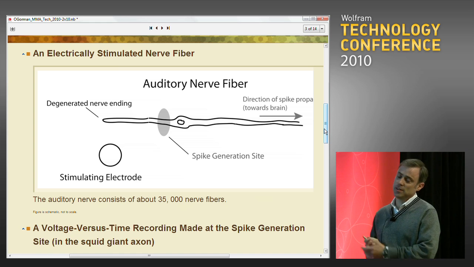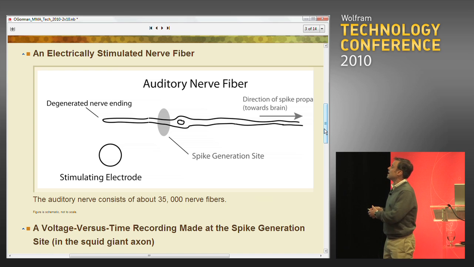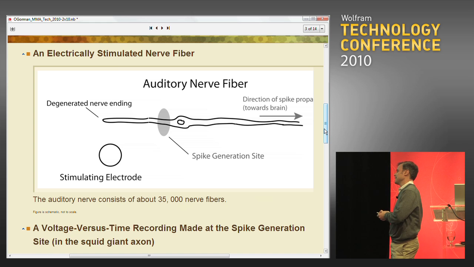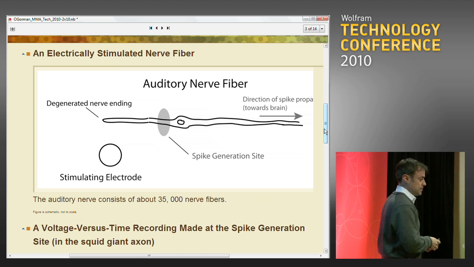However, there's still a region that contains voltage-gated membrane proteins, voltage-gated ion channels that can produce these electrochemical spikes that propagate towards the brain, which the brain can interpret as sound. And this is the stimulating electrode that excites this spike generator with current pulses.